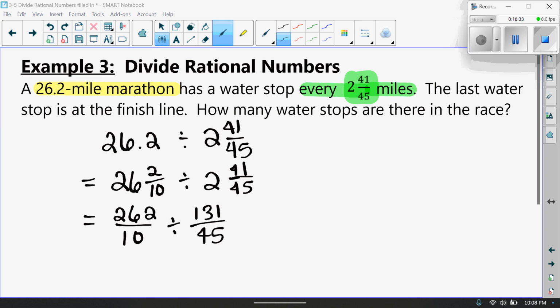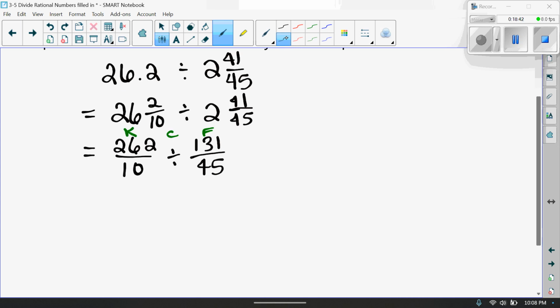Okay, so now we're going to keep, change, flip. Keep, change, flip. So we get 262/10. The division becomes multiplication, and the second fraction becomes the reciprocal.